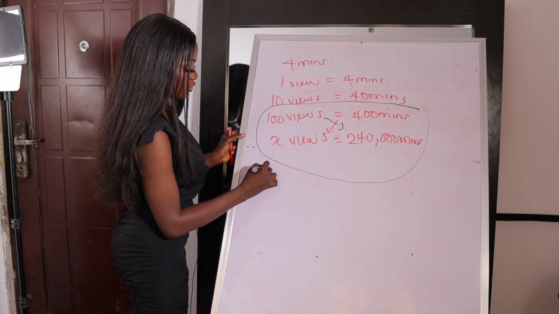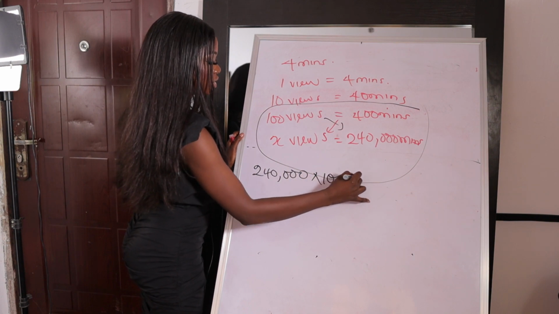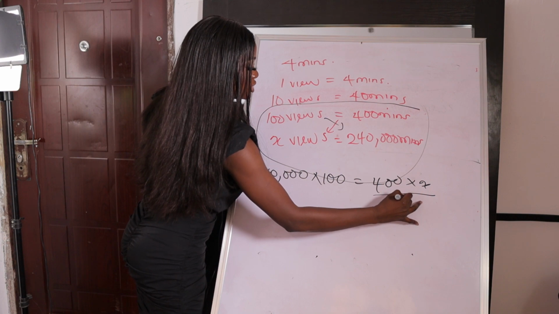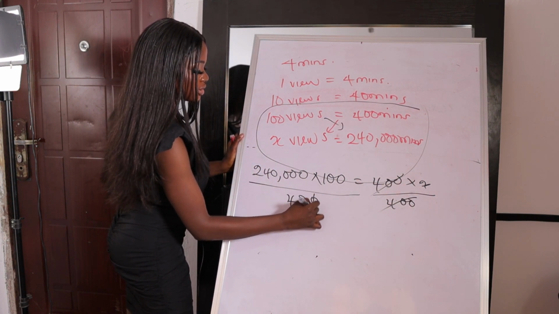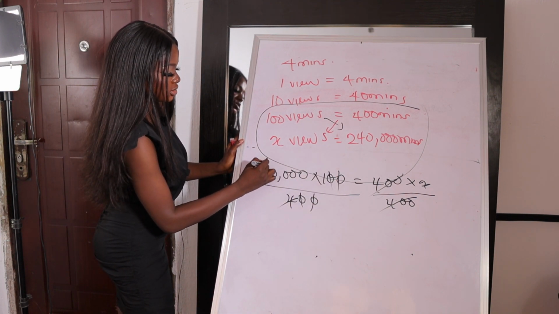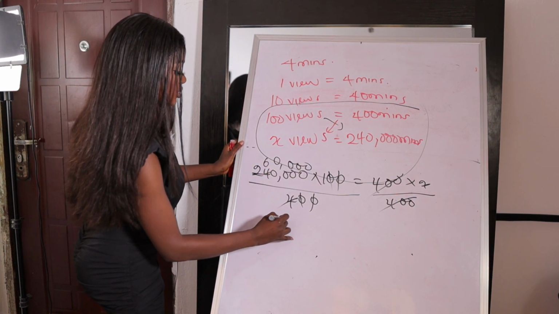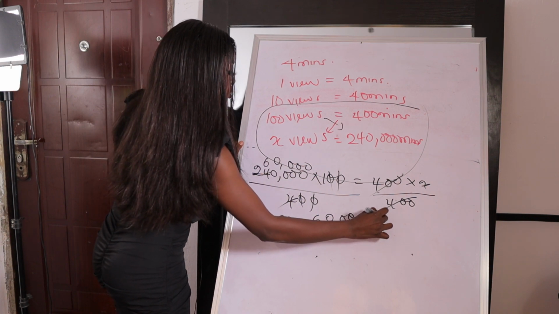We have 240,000 times 100 is equal to 400 times X, over 400. 400 cancels over 400. We have 4. This is going to give us 60,000. Right? So X is equal to 60,000 views.